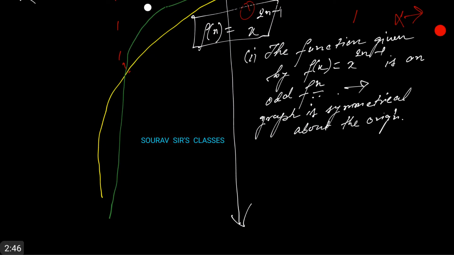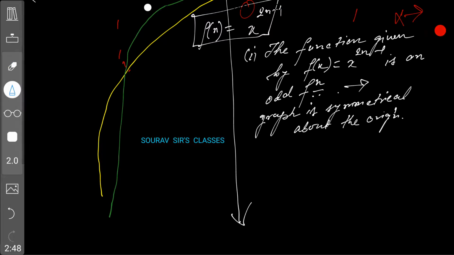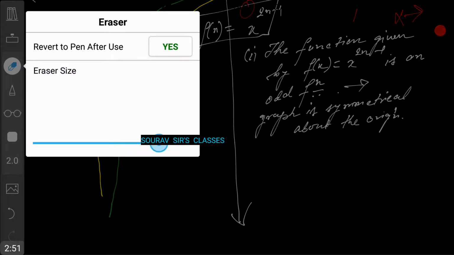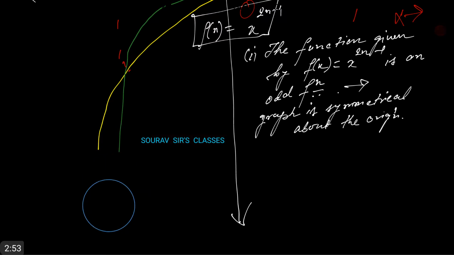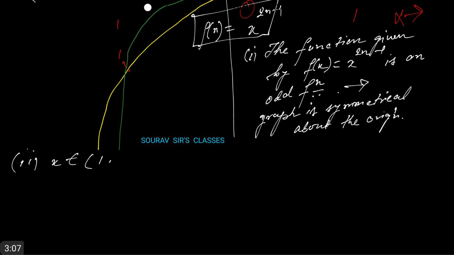Let's write it down formally. Number 2: when x belongs to 1 to infinity, x is less than x cube, less than x to the power 5, less than and so on.